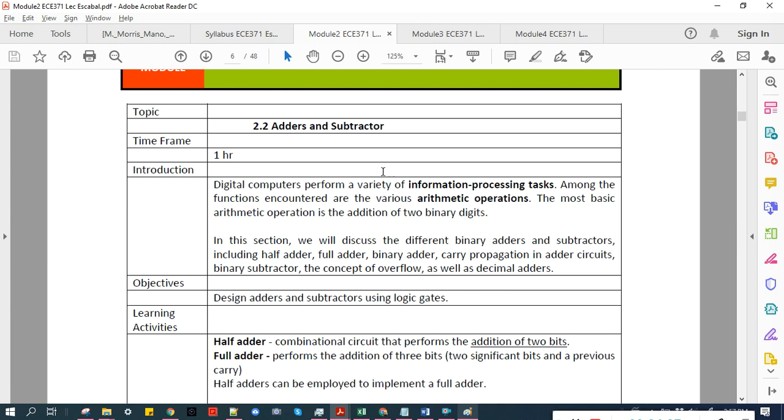Among the functions encountered are the various arithmetic operations. The most basic arithmetic operation is the addition of two binary digits. In this section, we will discuss different binary adders and subtractors, including half adder, full adder, binary adder, carry propagation in adder circuits, binary subtractor, and the concept of overflow, as well as decimal adders.